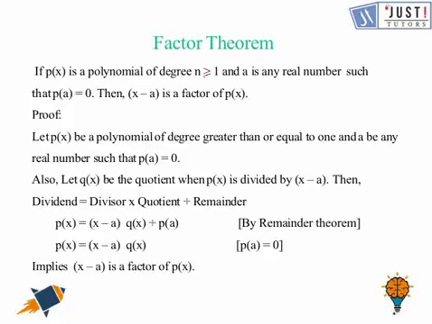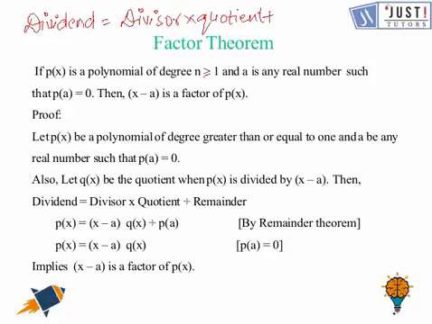So there is a polynomial p(x) which is a dividend. As we all know, dividend equals divisor times quotient plus remainder. Dividend is p(x), divisor is x minus a.